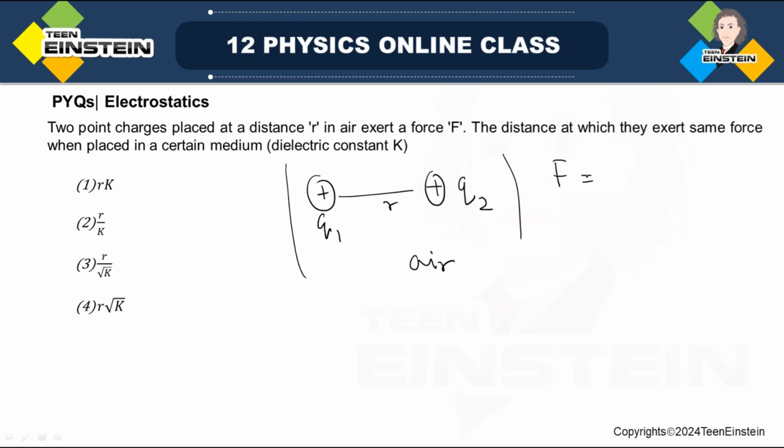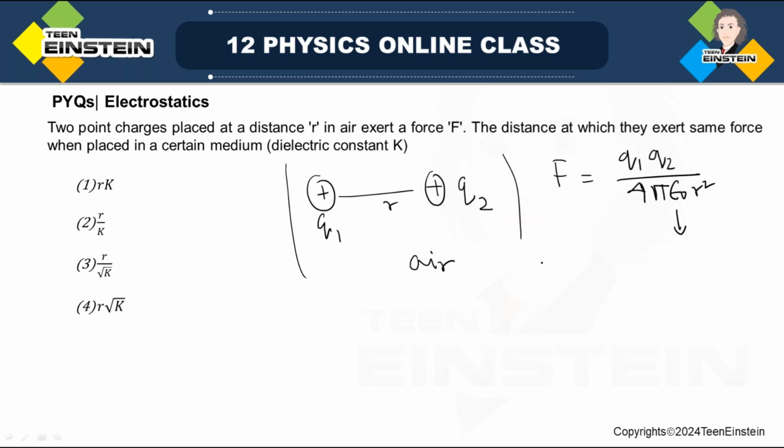That is given as F, and that I can write as Q1 Q2 by 4 pi epsilon naught r square, right? Here this epsilon naught is just for air, the permittivity of free space.